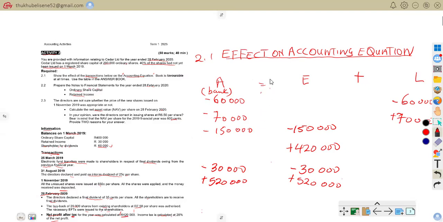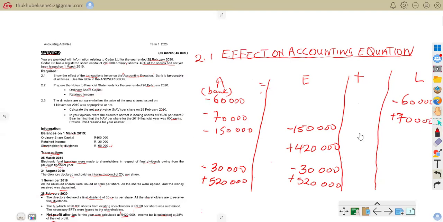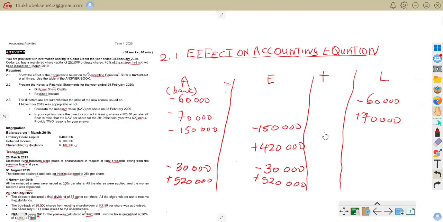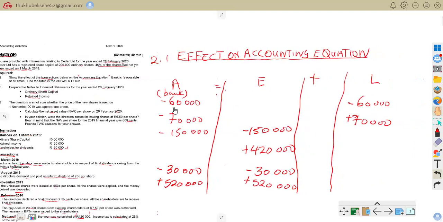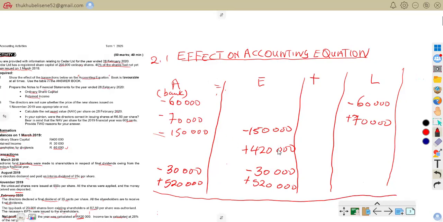So before we can do that, for our accounting equations, we can make it look smart. So that is that. So this is our accounting equation. So that's all.